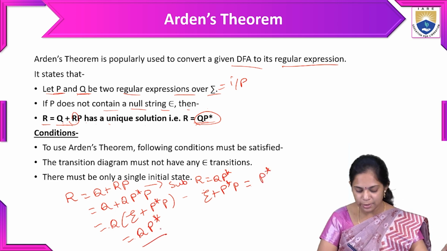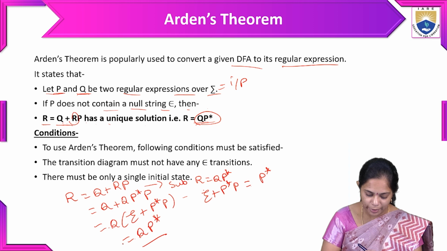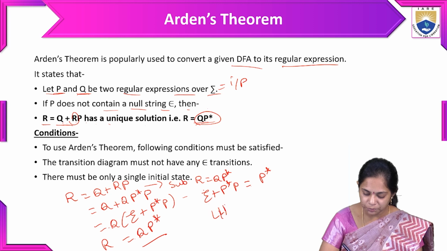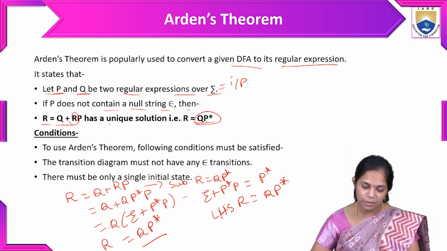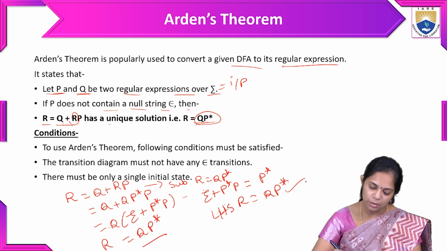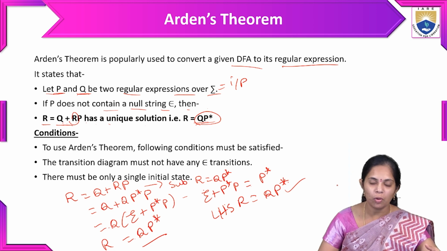So we get QP star. So we have proved that LHS is equal to RHS, by proving that R is equal to QP star. Like this, Arden's theorem is proved.